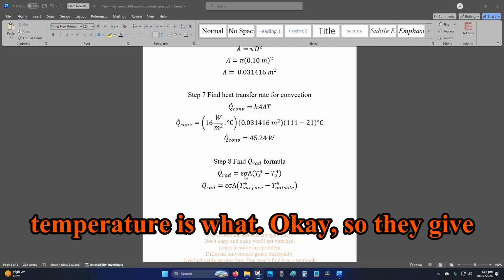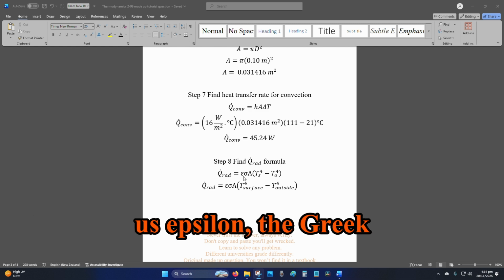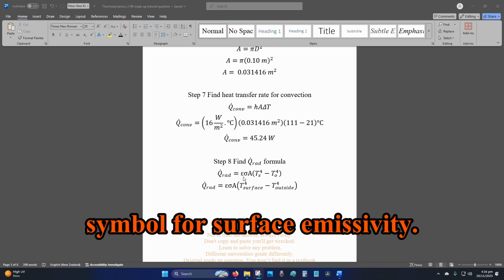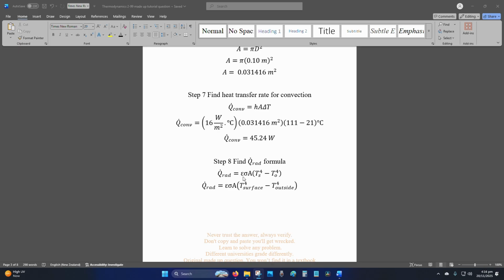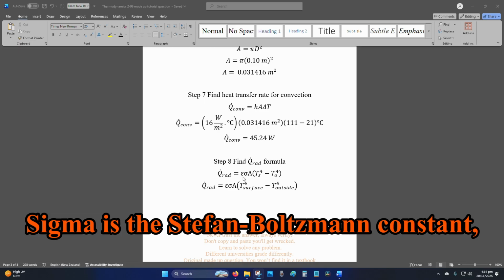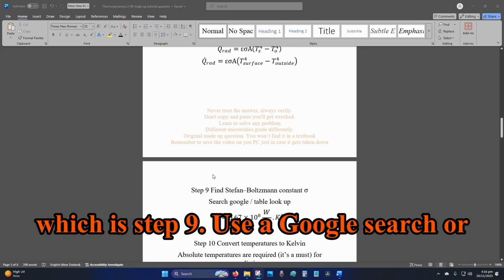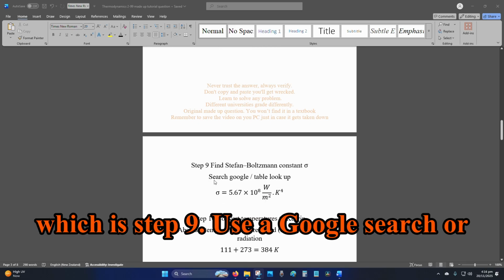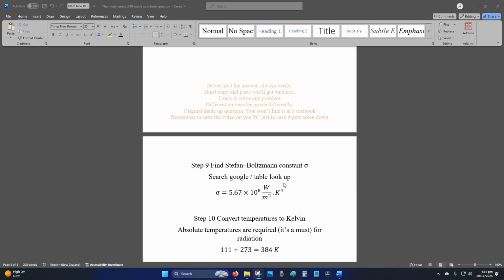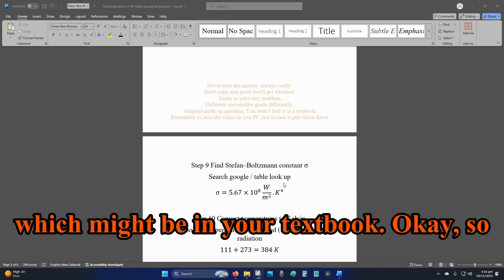Okay, so they give us epsilon, the Greek symbol for surface emissivity. Sigma is the Stefan-Boltzmann constant, which is step 9. Use a Google search or look it up in the table, which might be in your textbook.